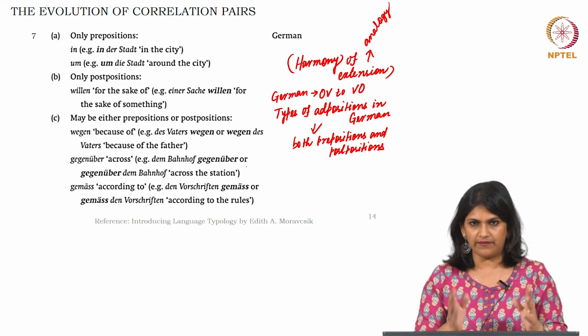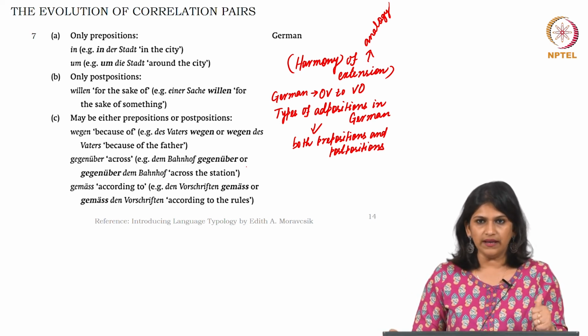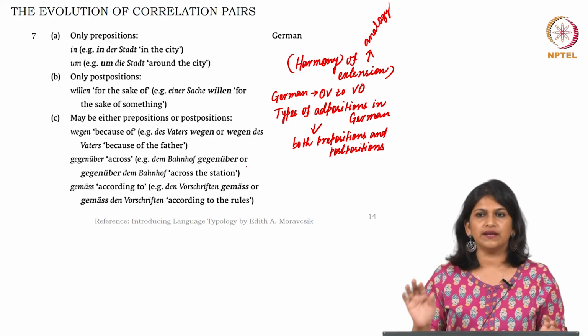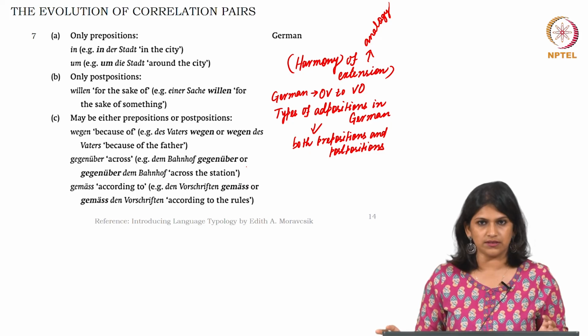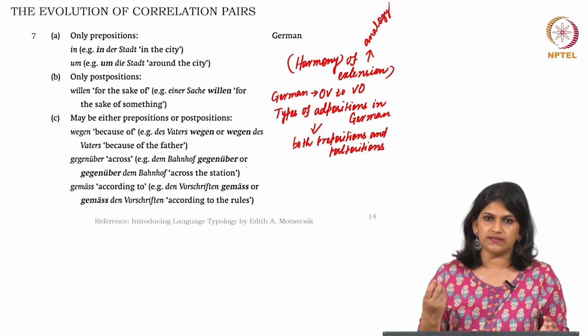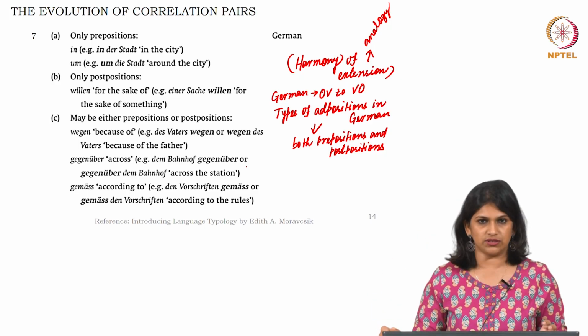That is about the evolution of articles. Evolution of word order: SOV is the initial stage, SVO might be the final stage. There could be many other word orders. As far as the OSV and OVS patterns are concerned, they are always the final stage, right.